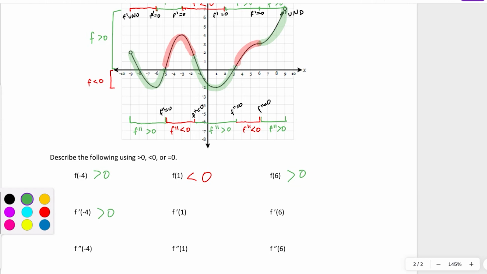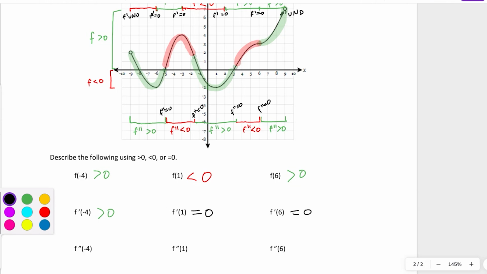At 1, what's going on with the slope? It's 0. We have a relative minimum there. At 6, what's the slope here? 0. Yeah, 0 again.